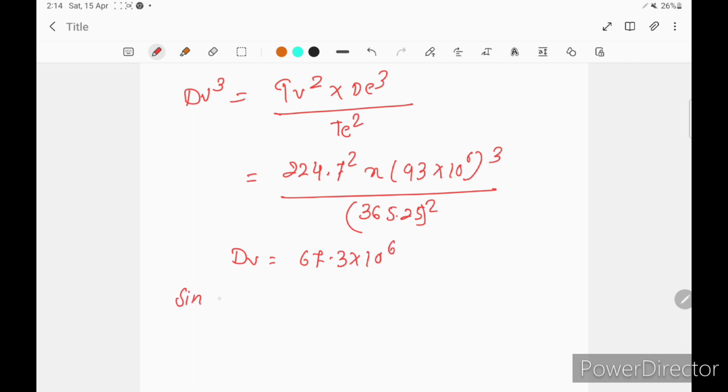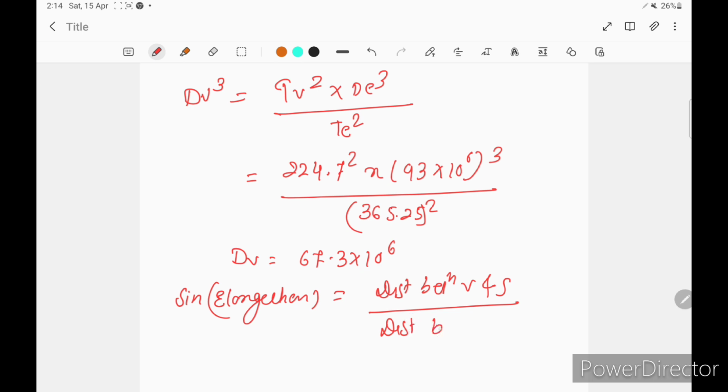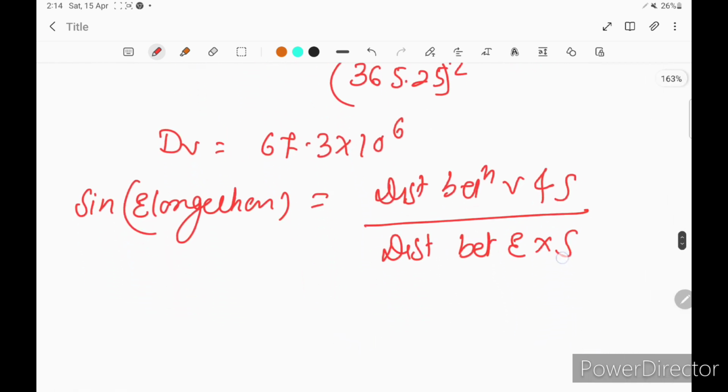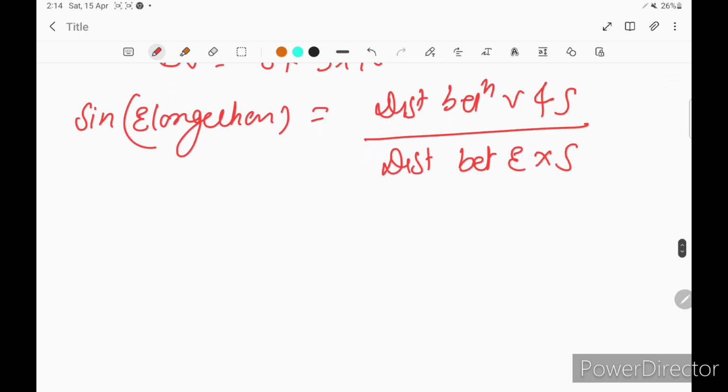Now put the value in the sine elongation formula. Sine elongation is equal to the distance between Venus and Sun divided by the distance between Earth and Sun, so DV over DE. So 67.3 into 10 raised to the power 6 divided by 93 into 10 to the power 6.